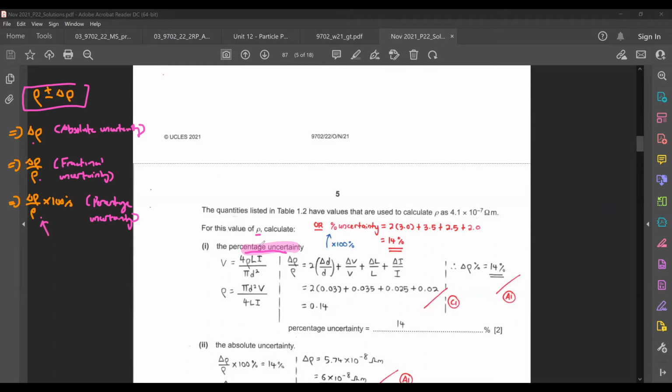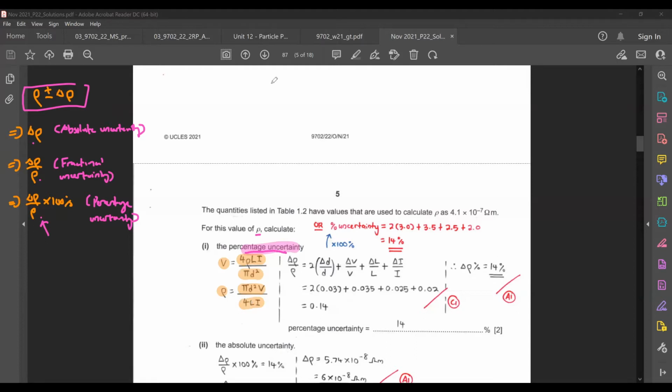Okay. So based on what we have, we want to find out rho, which is the resistivity. The given equation was V equals 4 rho Li over pi d squared. You make rho the subject, you're going to get pi d squared V over 4 Li.